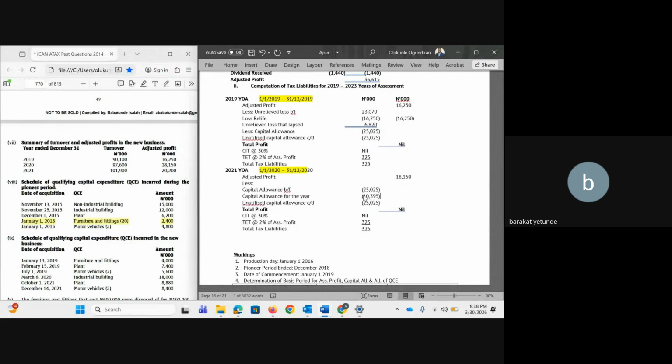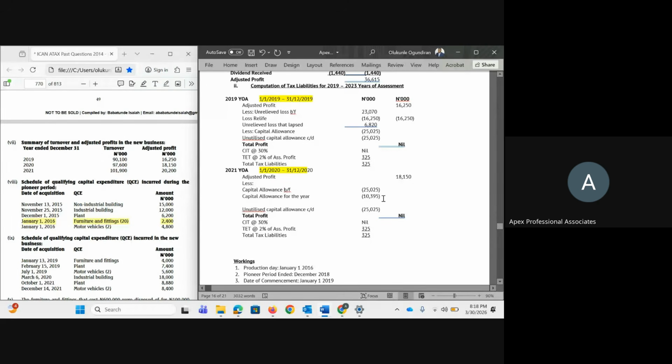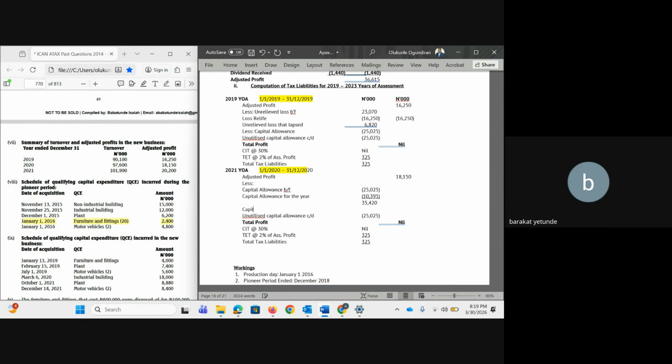So what's the total? 35,420. Like this, right? Then obviously you cannot give what you don't have. So we cannot give more than what we have. So we say capital allowance utilized is 18,150.